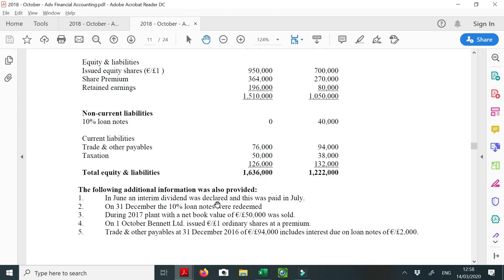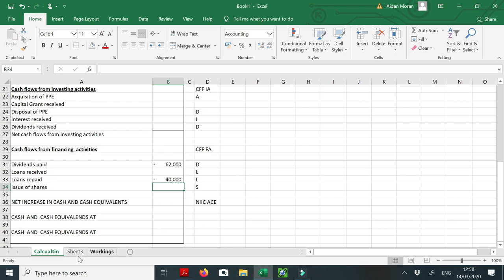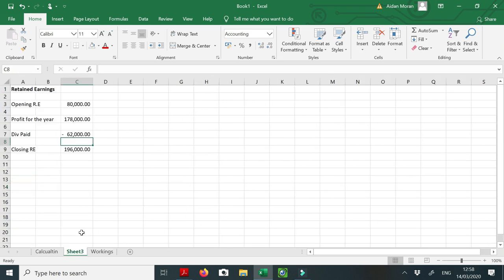Note number 3. During the year, plant with a net book value of 50,000 was sold. Okay. So I don't really know what's happening here. I just know that I've sold some plant and it was worth 50,000. So if I look at my workings and I just say disposal of plant, please ignore spellings and typos.